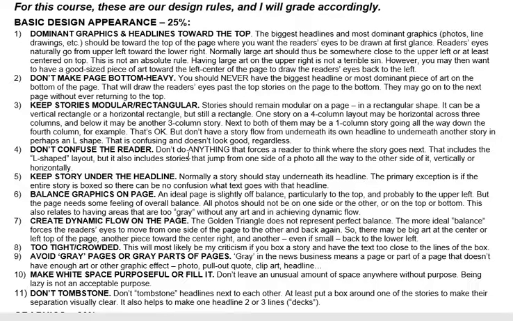And there are layouts where at the top you have a slightly smaller headline, like maybe a 36-point headline at the top, and then underneath it your major story has a 48-point headline.